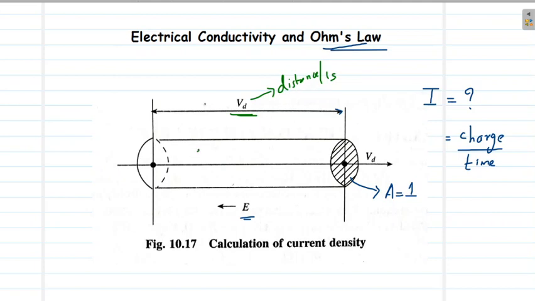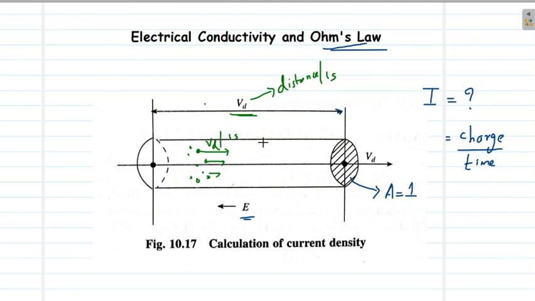So if there is an electron here, that electron will be able to travel Vd distance in 1 second. Vd length per 1 second, that is the concept of velocity, right? So if the drift velocity of electrons in a piece of metal is Vd, that means electrons within this system will be moving an average distance of Vd in 1 second.